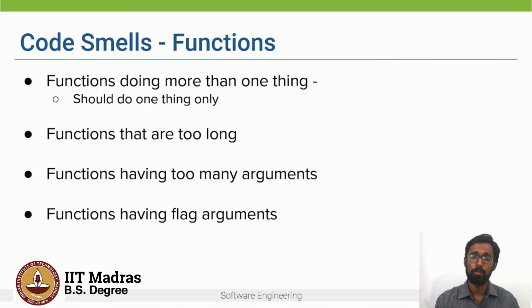The solution for this is to again split this function into multiple functions, where each function implements a particular value of the flag. And then there are dead functions, which are functions that are not called by any function in your code base, right? So it's best to remove such dead functions.